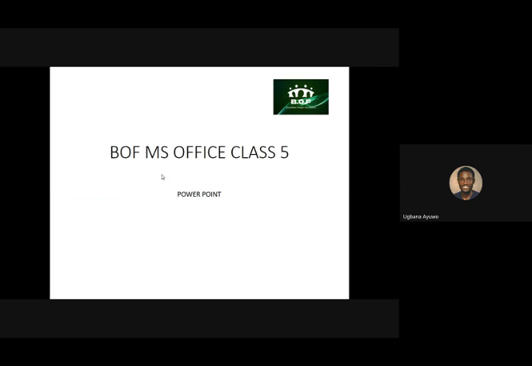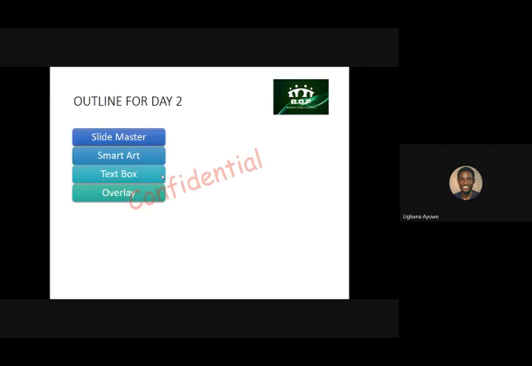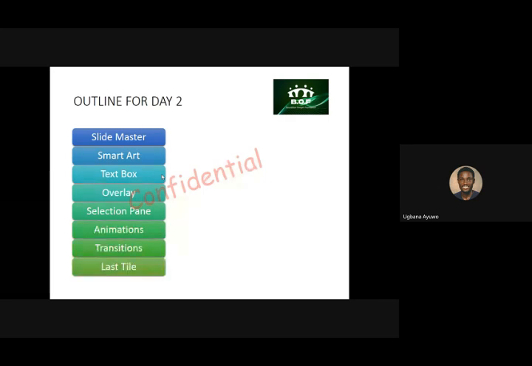This is B.O.F. MS Office Class 5, and let's assume I'm doing a presentation. Then I move and I say the outline for day 2 is slide master, SmartArt, text box, overlay, selection pane, animations, transitions, and last tab. And this page is strictly confidential, and everyone can see the word confidential written across.